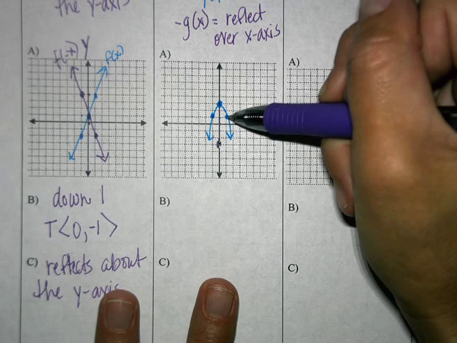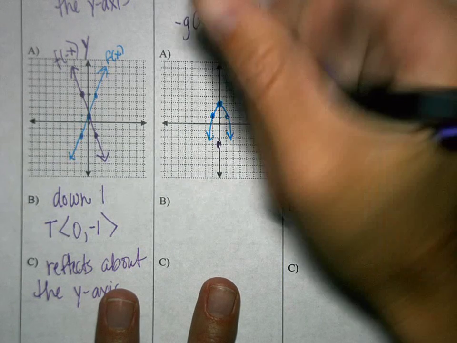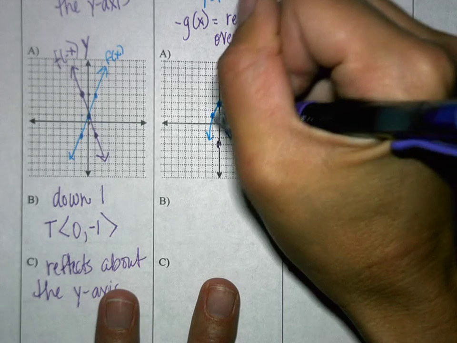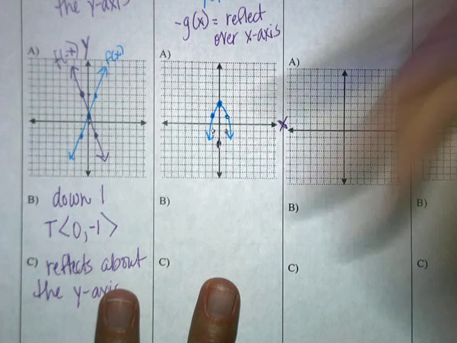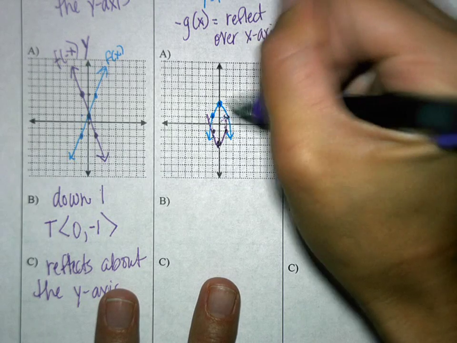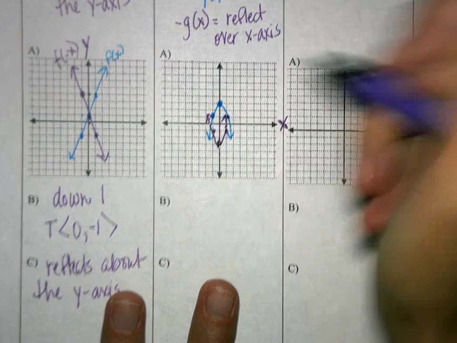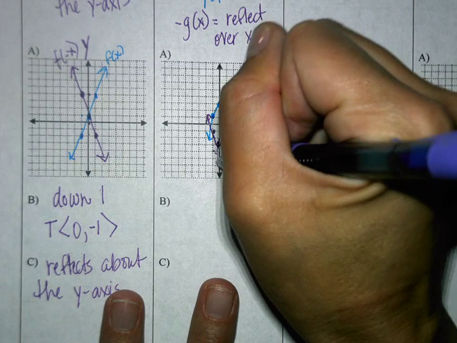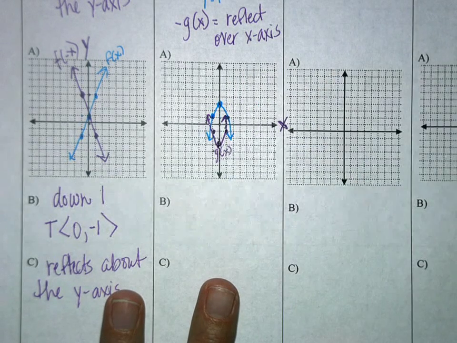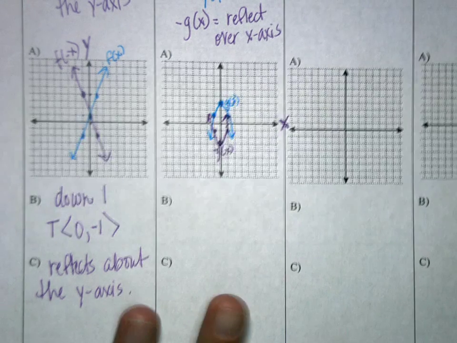Okay, this point is how many away? 1. So we're going to go down 1, and on the other side, down 1, and we draw our new parabola. I also forgot to label these, so I'm just going to put a label here that this is negative g of x, and up here this one is g of x.